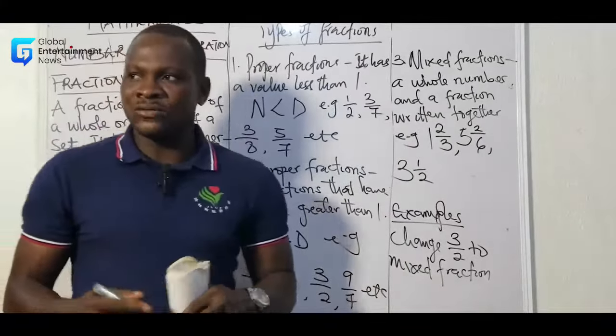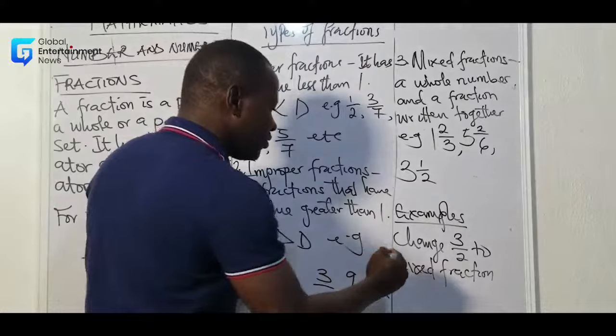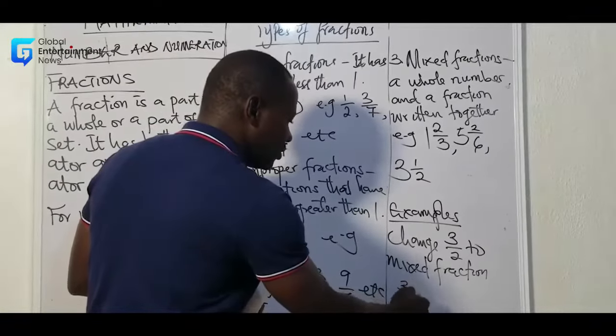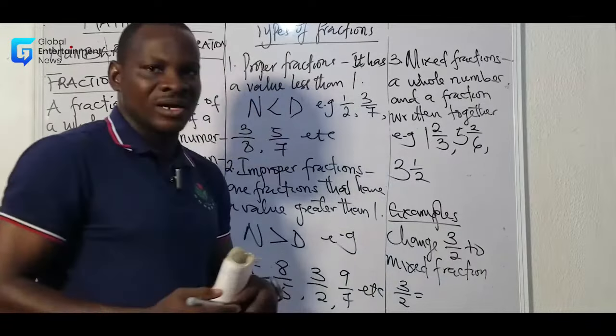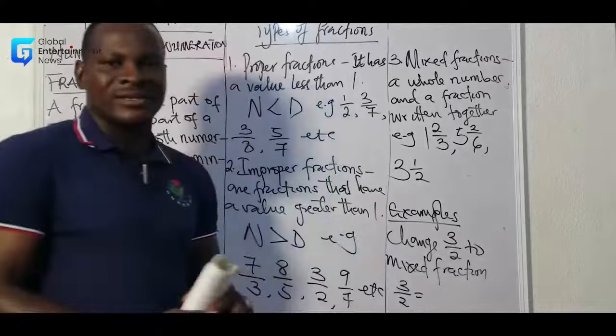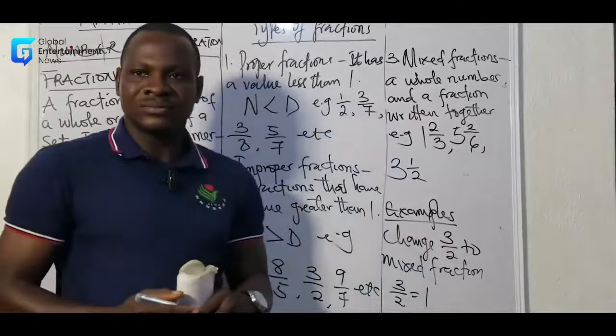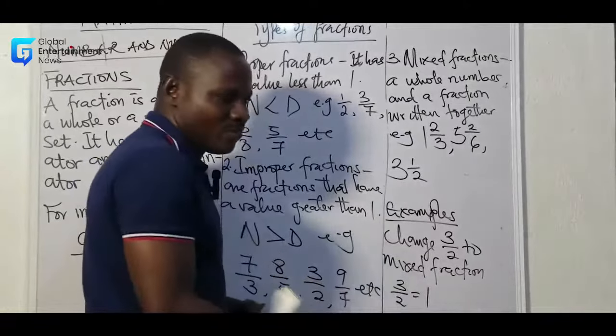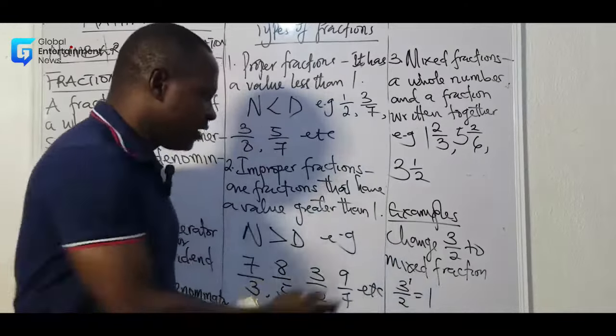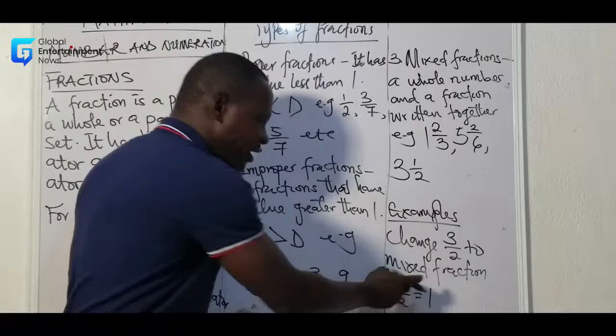How do we change 3 all over 2 to mixed fraction? We have 3 all over 2. How many 2 can we see in 3? Okay, somebody says 1. So we have 1. What do we have left here? We have 1. Can 2 go in 1?